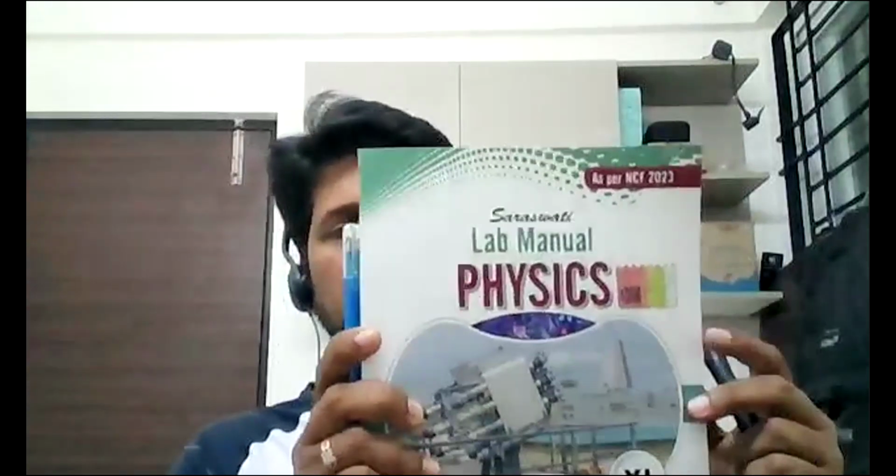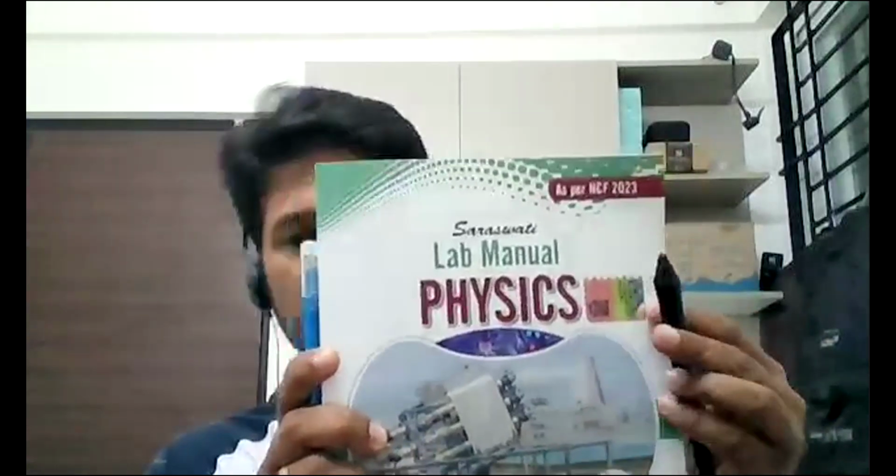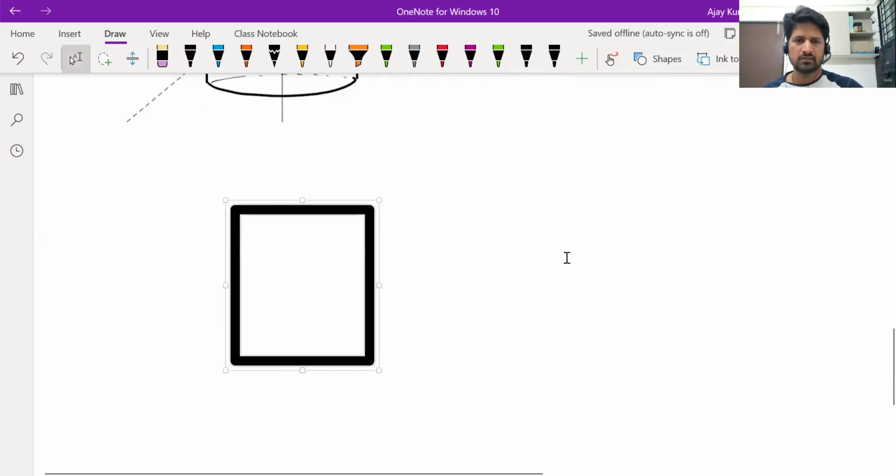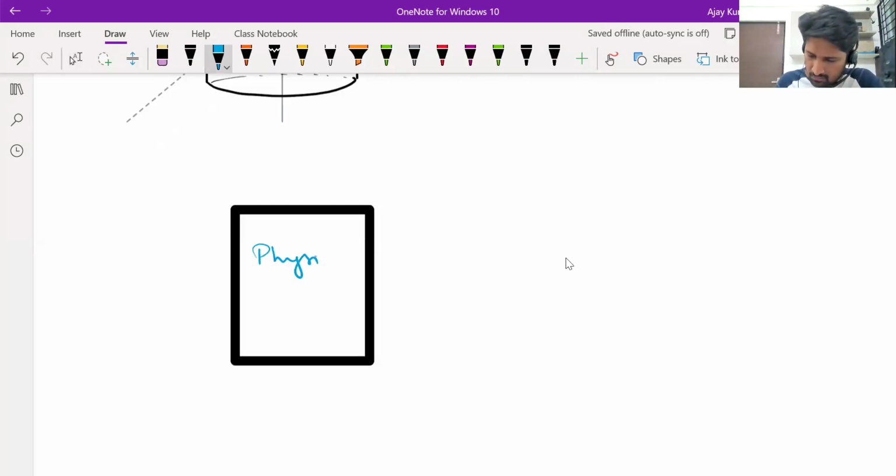Next, let us consider this situation. You tell me this, all of you, or okay, I'll show you the diagram. Let's say this is the textbook and this is the axis.